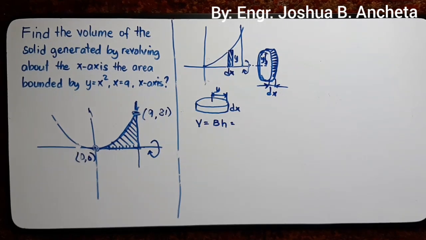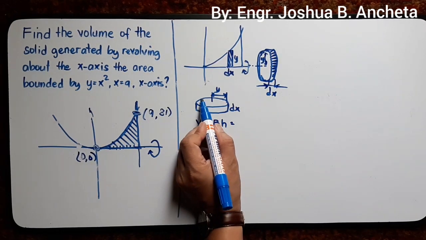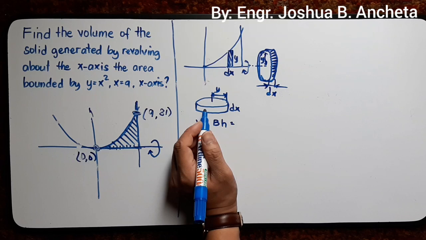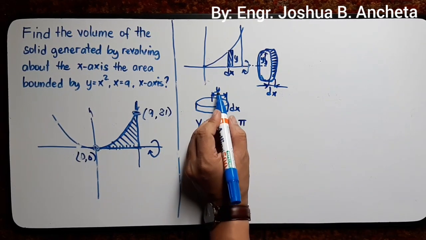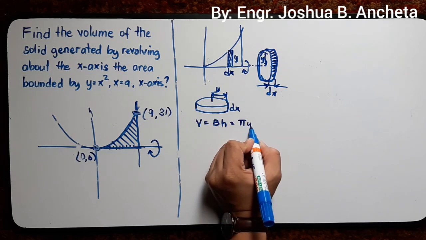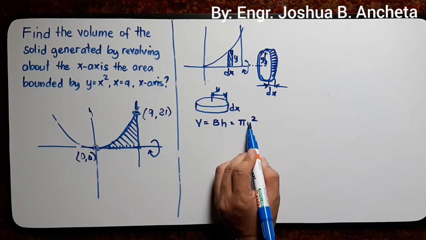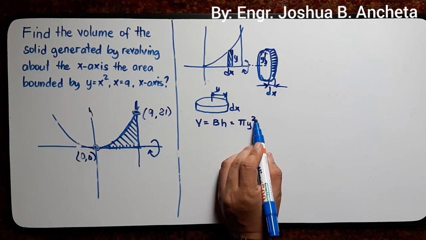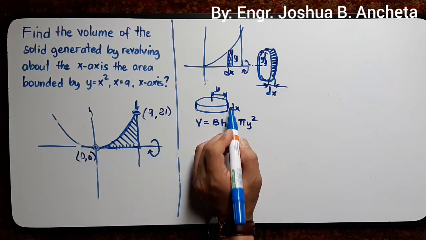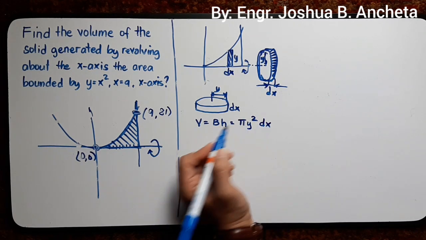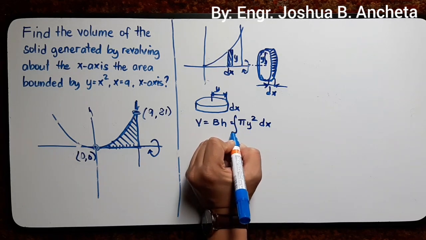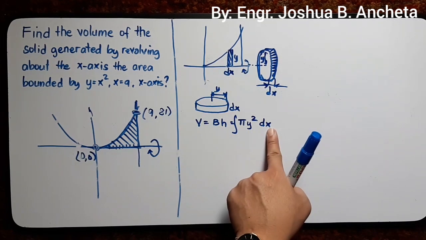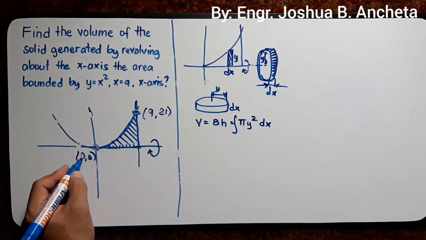In this case, our base is circular, and the circular base has an area of pi radius squared. The radius here is y. Then the height is dx. Therefore, the limit should be in terms of x, from 0 to 9.